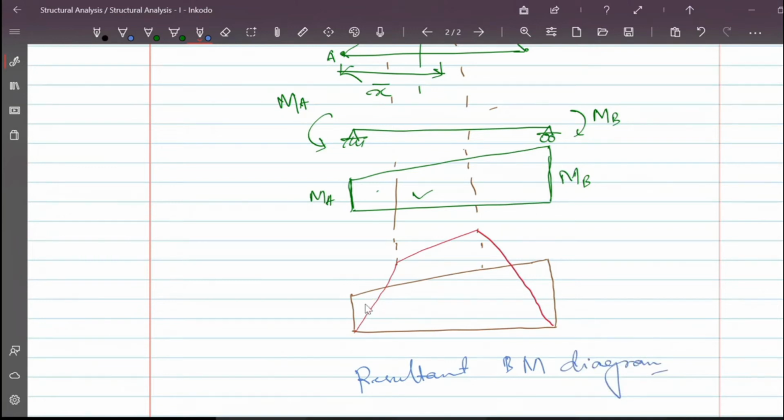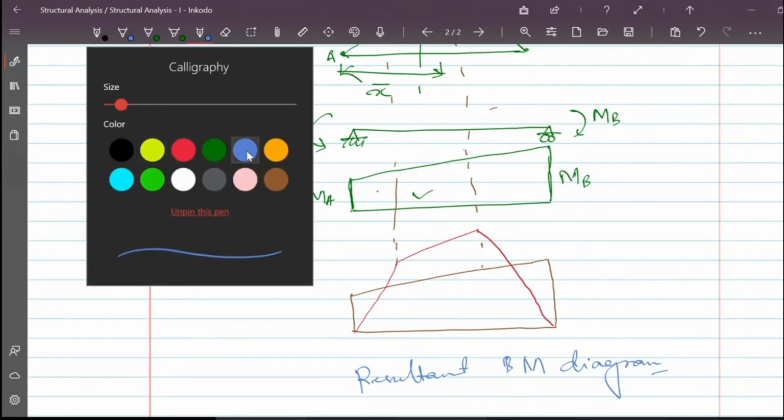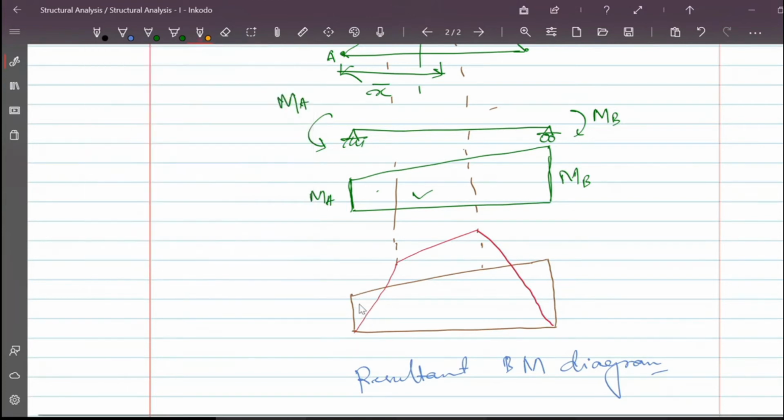Now here, this part will be negative, this will be positive, and this will be negative. What are those values? You already know: this is MA, this is MB.